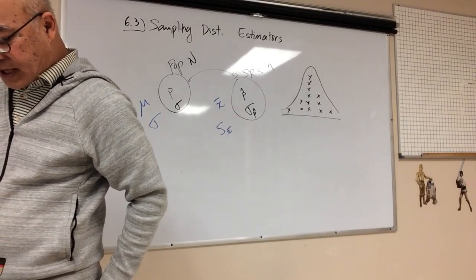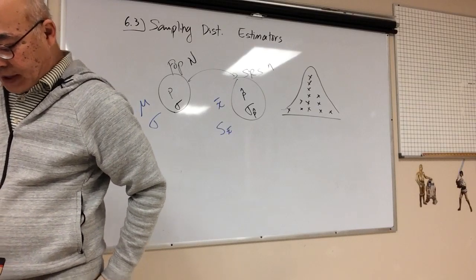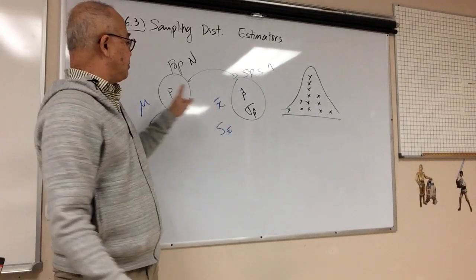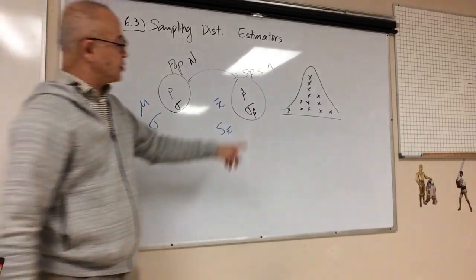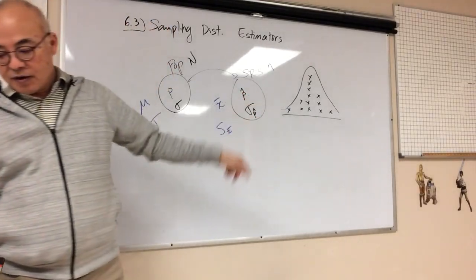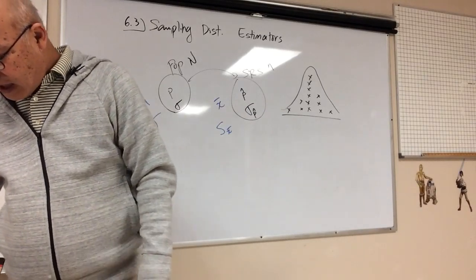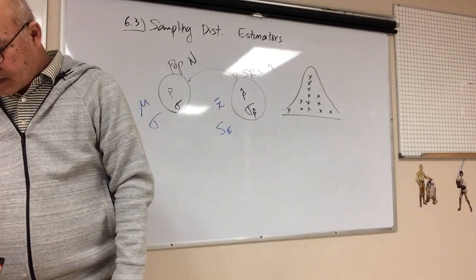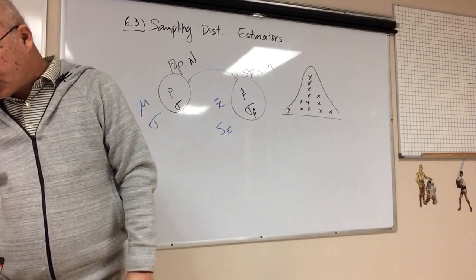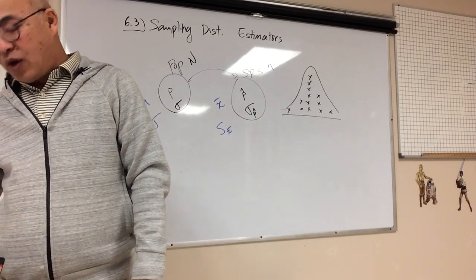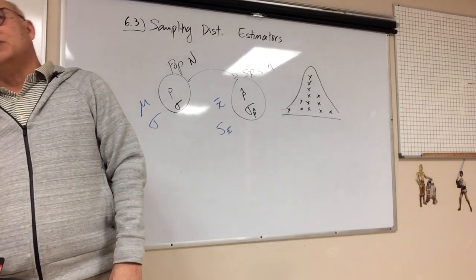So underneath there, notation for proportions. P is the population proportion, P right here. P hat is the sample proportion, which is over here. Okay, behavior of the sample proportions. The distribution of sample proportions tends to approximate a normal distribution, voila.